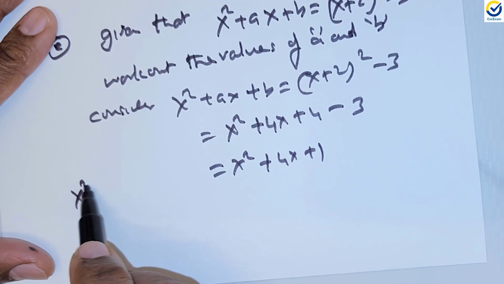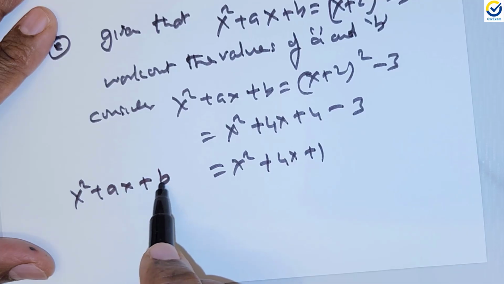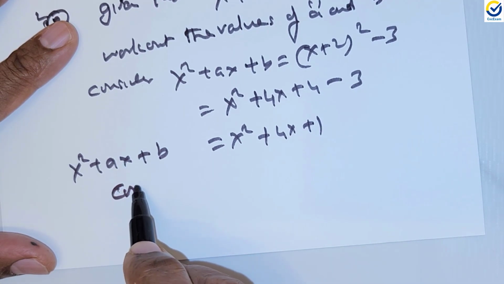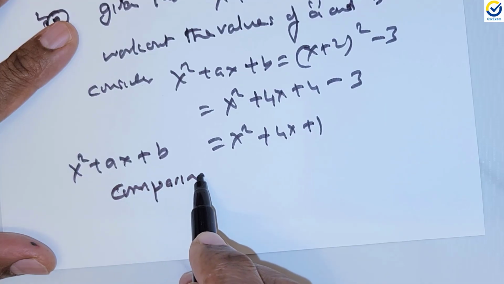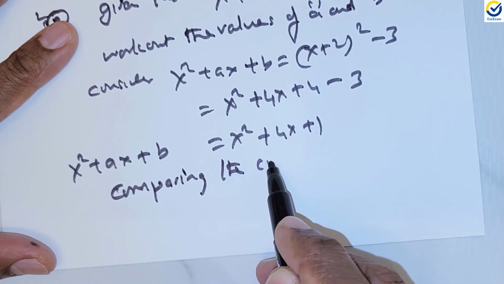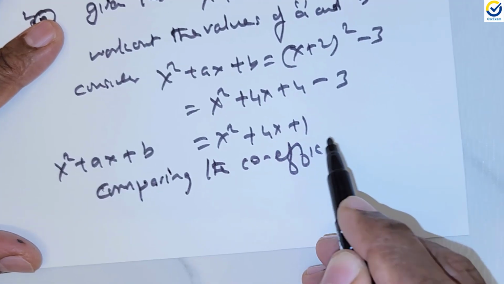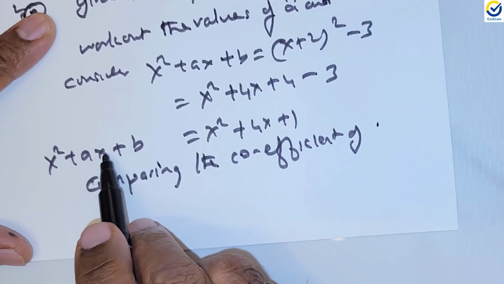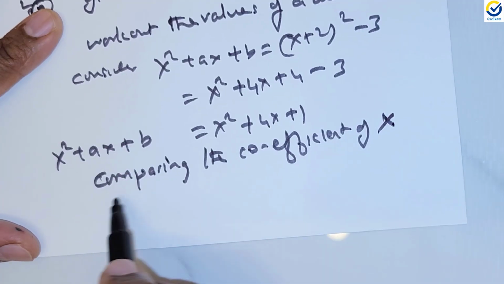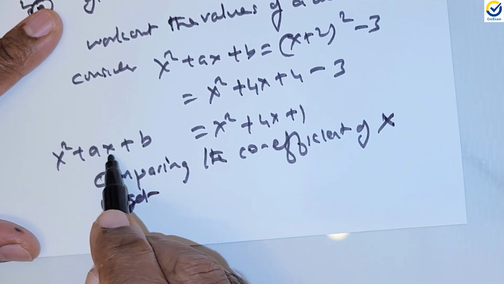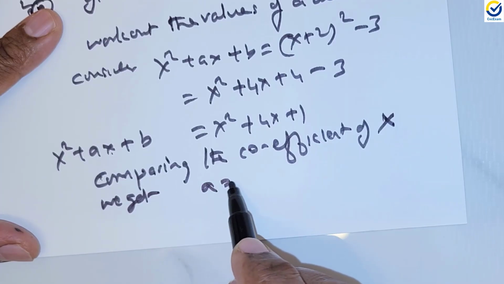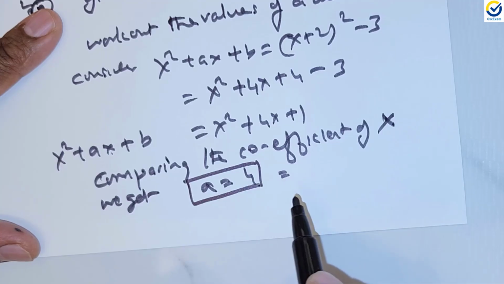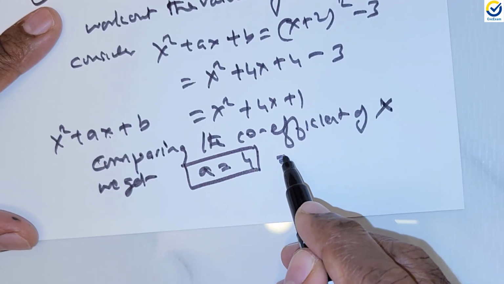On the left we have x squared + ax + b. Now you need to write the statement, right? Comparing the coefficient of x, what is the coefficient of x? a. What is the coefficient of x on the right? 4. So this is the first solution, a is equal to 4.